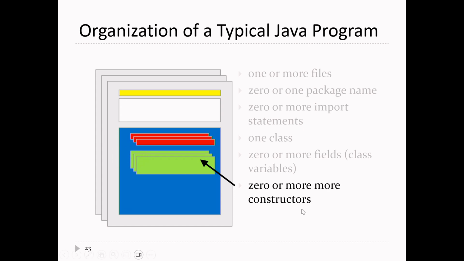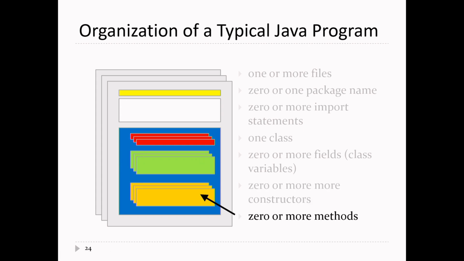We haven't implemented these yet, but you've used them. When you write new ArrayList or new String, you're calling a constructor. Where do those constructors live? They live inside the class. And finally, your class can have 0 or more methods. Whenever you call a method, where do those methods live? Well, they're also defined inside of a class.